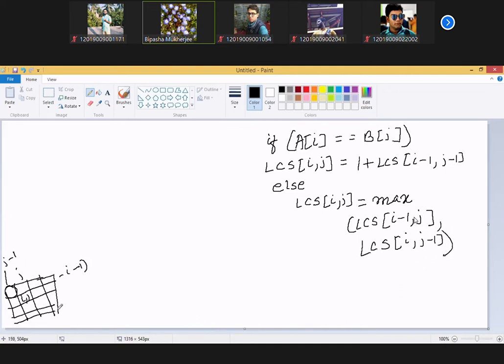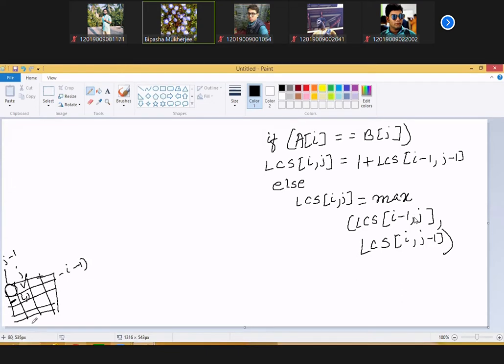What is it doing? i minus 1, j means the same column, previous element. i, j minus 1 means the same row, previous element.